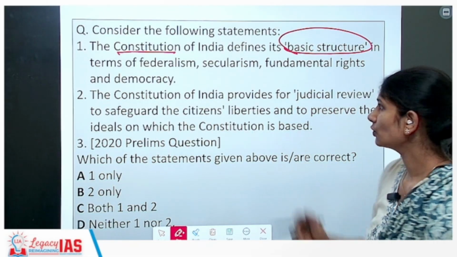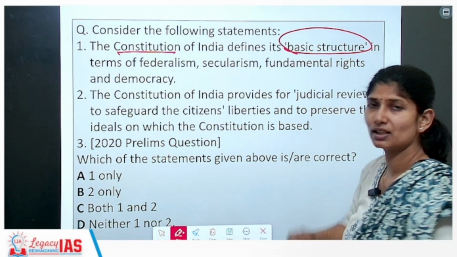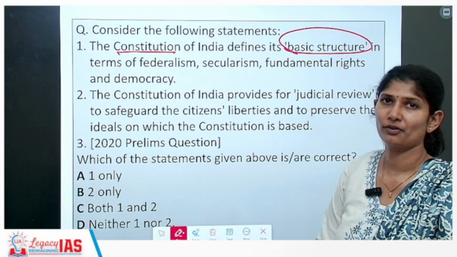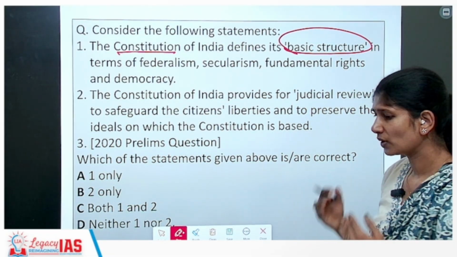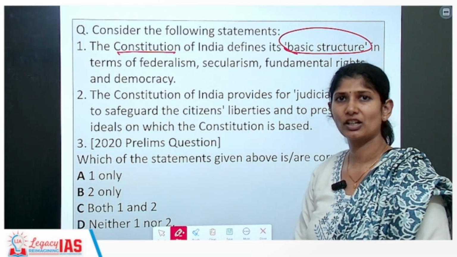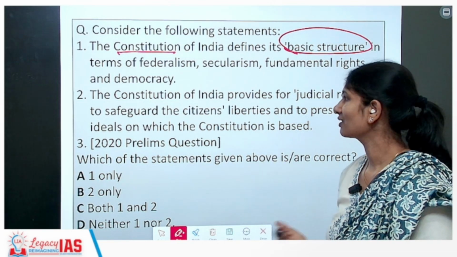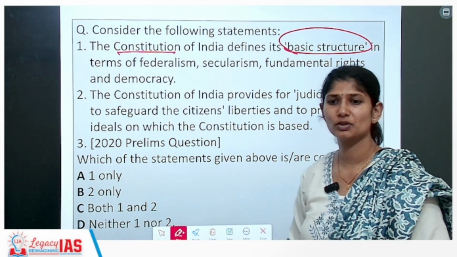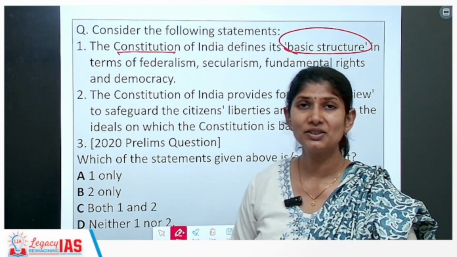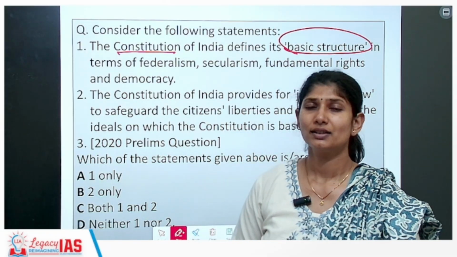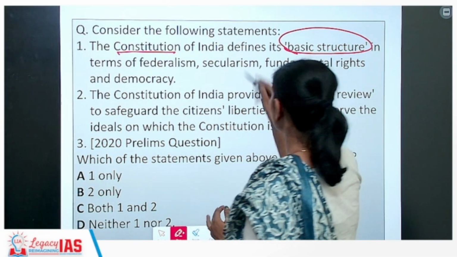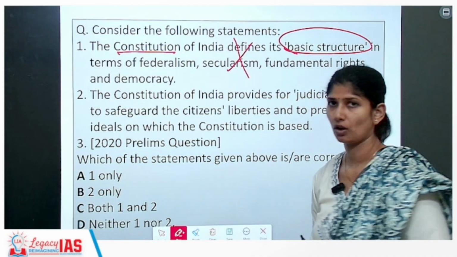But the Constitution has not used the term basic structure nor defined it. Okay. Judiciary in the due course of various judgments has told this belongs to part of basic structure. For example, federalism is part of basic structure, secularism is part of basic structure, but even judiciary has not defined this is what basic structure means. So first statement is wrong.